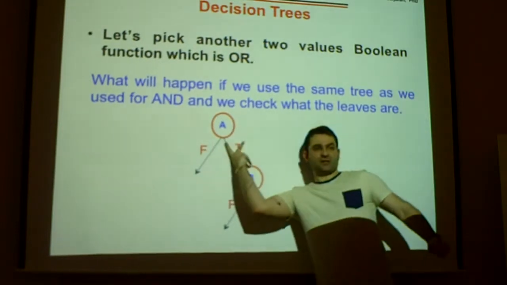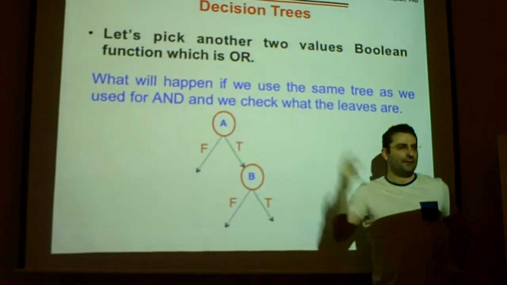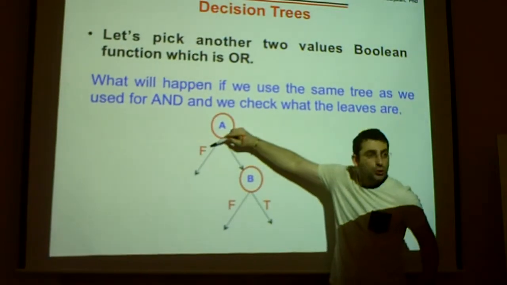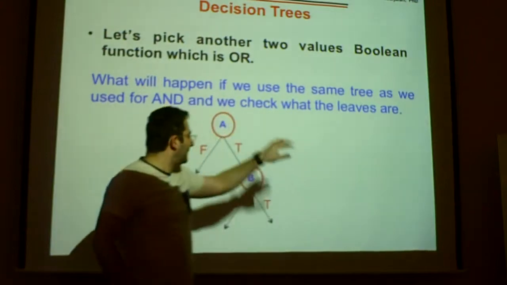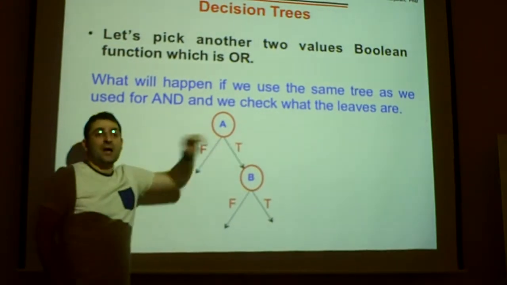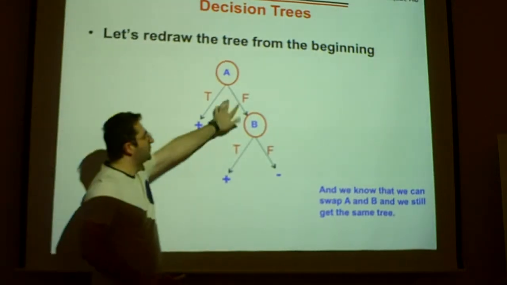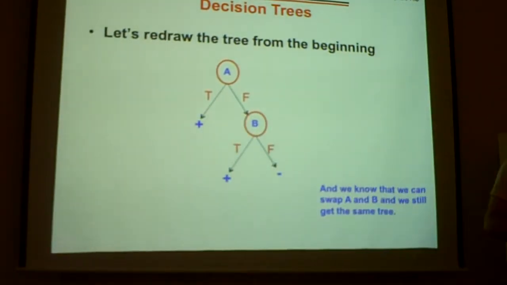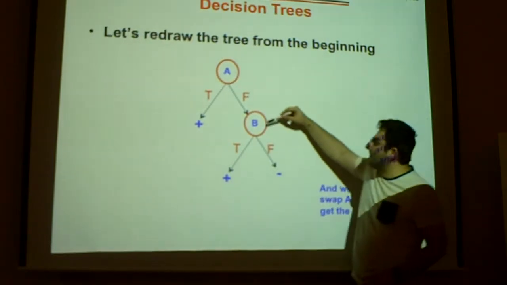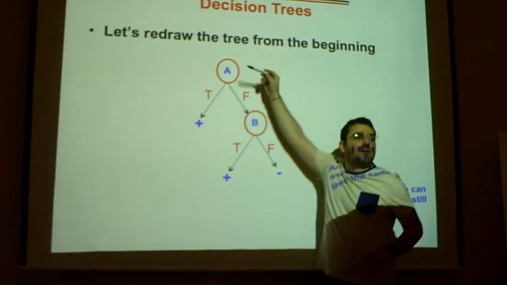If I interchange these two, I can get the result perfectly, right? Because if this is true, what happens? A is true, I don't need to check B. But if A is false, I need to check B. That's why here, if I am switching these two, I can easily get my results, right? However, similar to AND, if I am switching these two, nothing will happen.